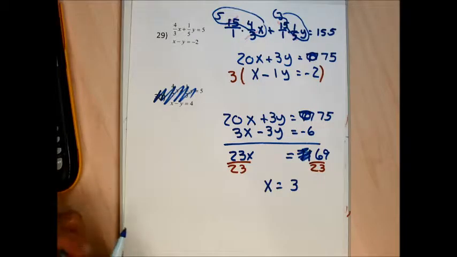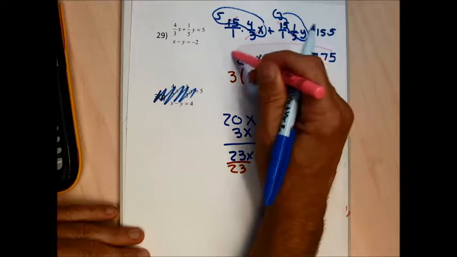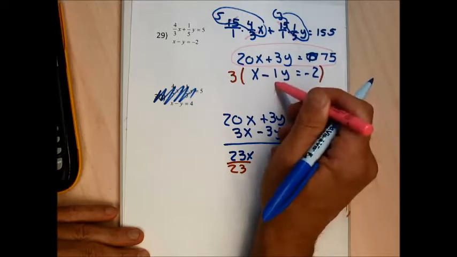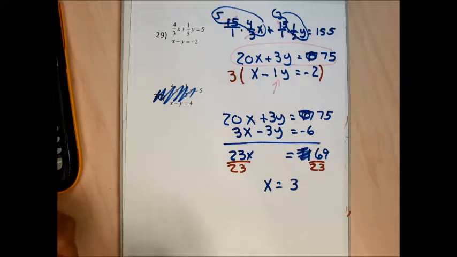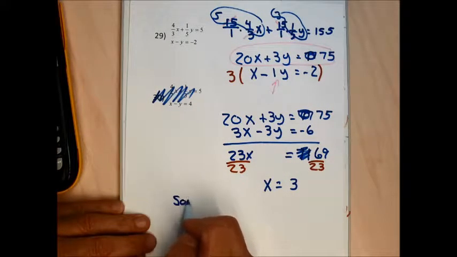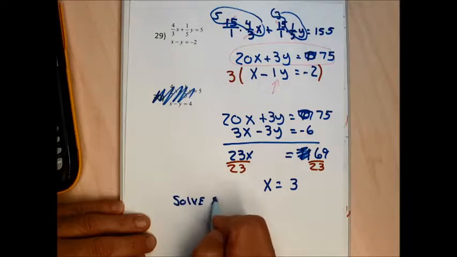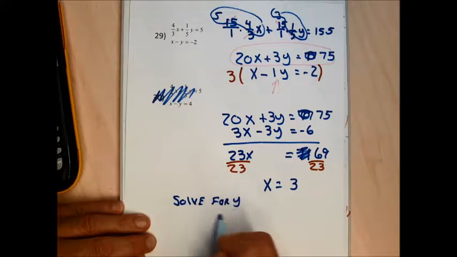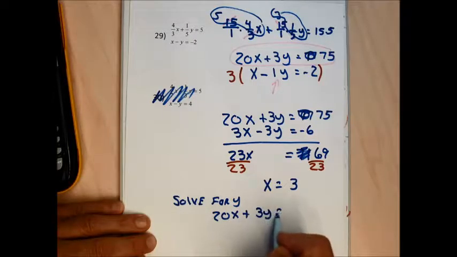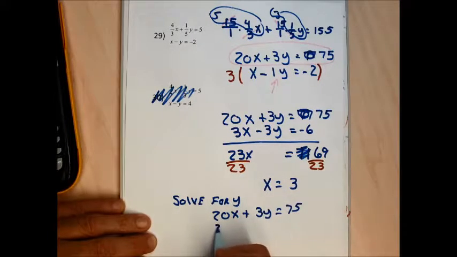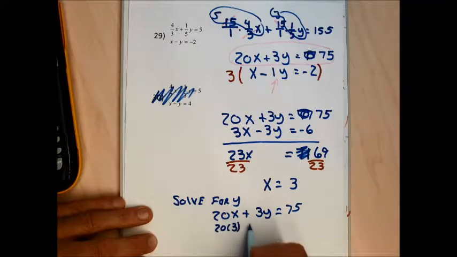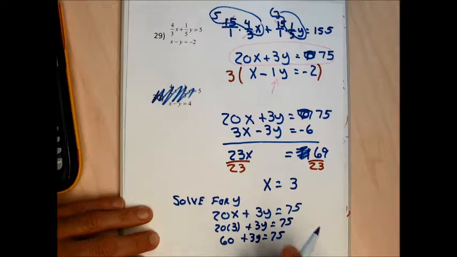Now I'm going to solve for y. I like this equation because the y is positive. You can definitely use that equation. Any equation that has a y can be used to solve for y. When I go to solve for y, I'm going to use the 20x plus 3y equals 75 and go 20 times 3 plus 3y equals 75. This is going to be 60 plus 3y equals 75.